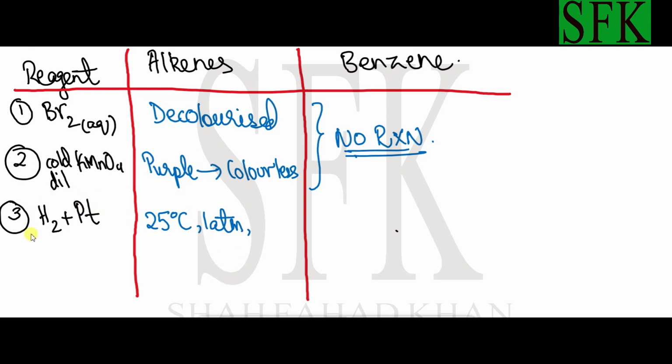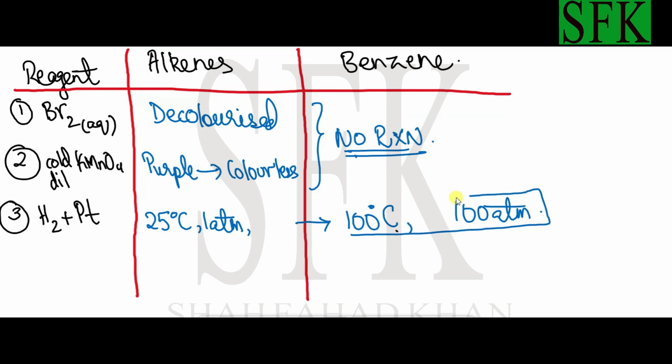And as far as the hydrogenation is concerned, no reaction occurs until it is heated to 100 degrees Celsius and 100 atmospheric pressure. Basically, very high temperature and very high pressure are required for benzene to react with hydrogen and platinum catalyst.